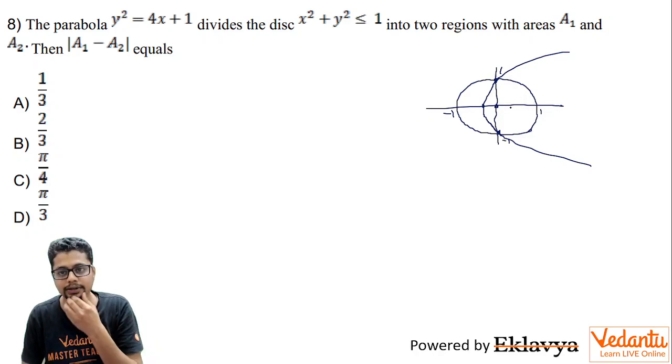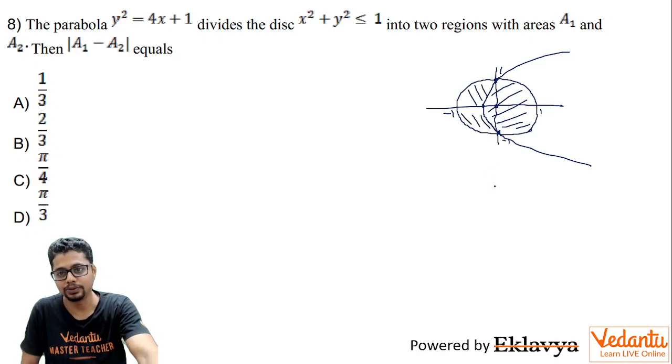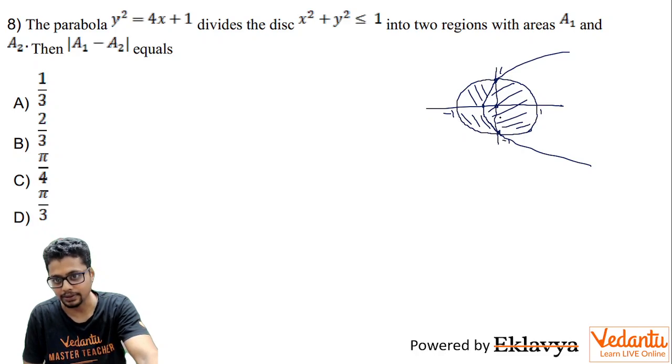So let's say this is area A1 and this is area A2. We want the difference between these two areas. If you see carefully, this is a semicircle and so is this a semicircle.